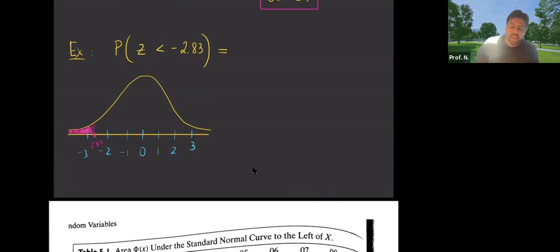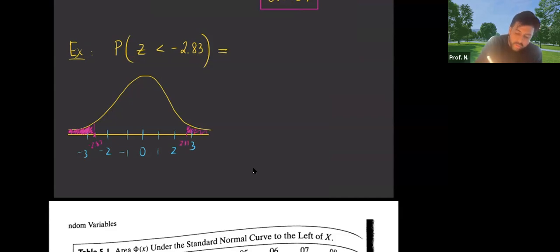Okay, so because it's symmetric, this problem that I'm asking to find is equivalent to finding the area to the right of positive 2.83.